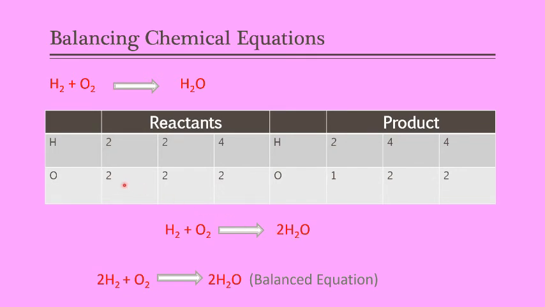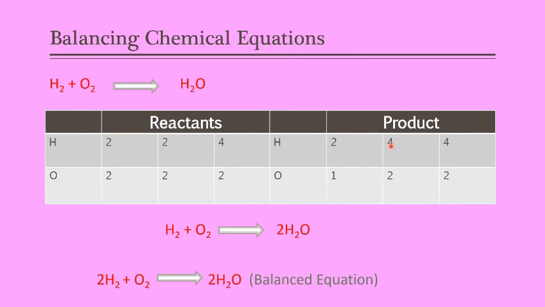Let's count the number of various atoms on both sides again. Though the number of oxygen atoms has become equal, that is 2 on both sides, the number of hydrogen atoms has now become unequal. There are 2 hydrogen atoms on the reactant side, but 4 hydrogen atoms on the product side.